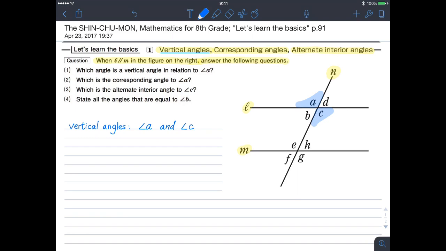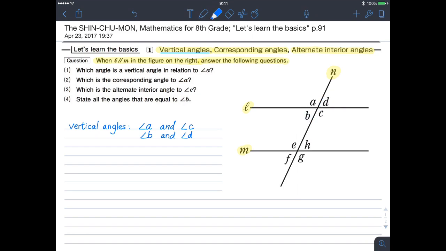Vertical angles are equal. Therefore, angle A and angle C are equal. Do you notice any other angles that are diagonally opposite one another? Well, you may notice that angle B is diagonally opposite angle D. Therefore, angle B and angle D are vertical angles, and since vertical angles are equal, angle B and angle D are also equal.